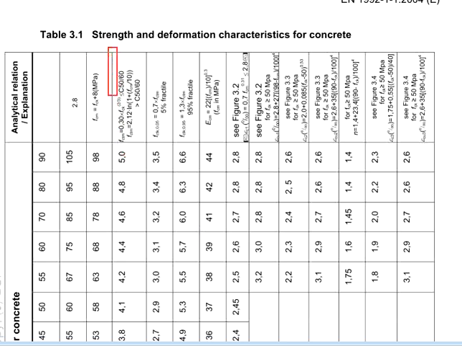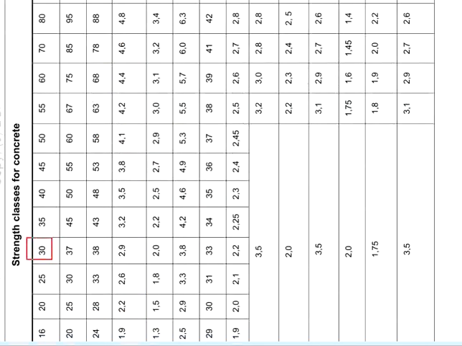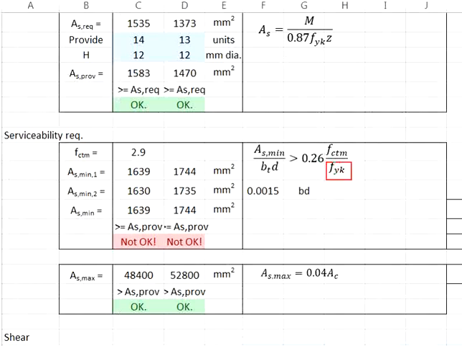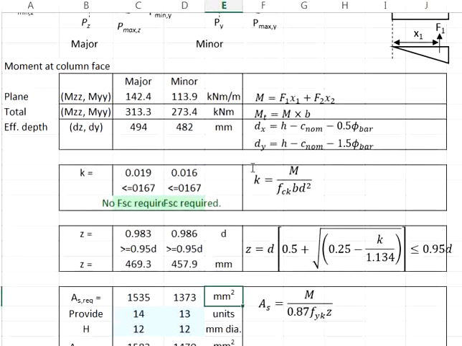Your fctm is this row. Grade 30 concrete will have 2.9 fctm. fyk equals 500, and then multiply the b and d. The d will be based on the effective depth for the major and the minor axis.